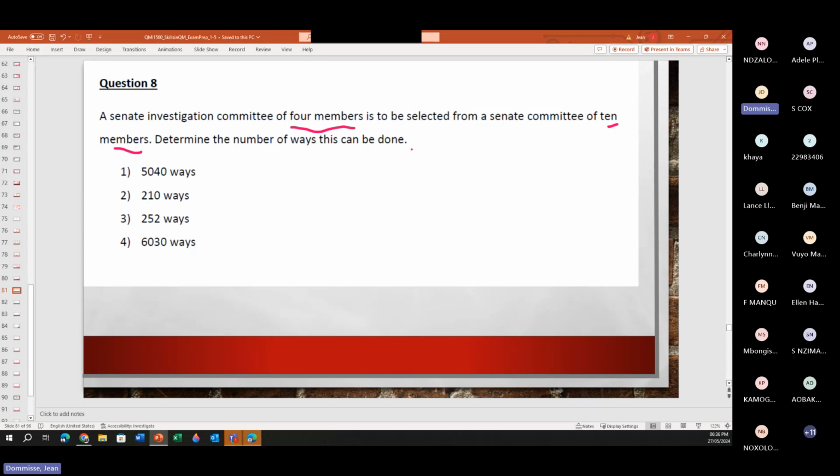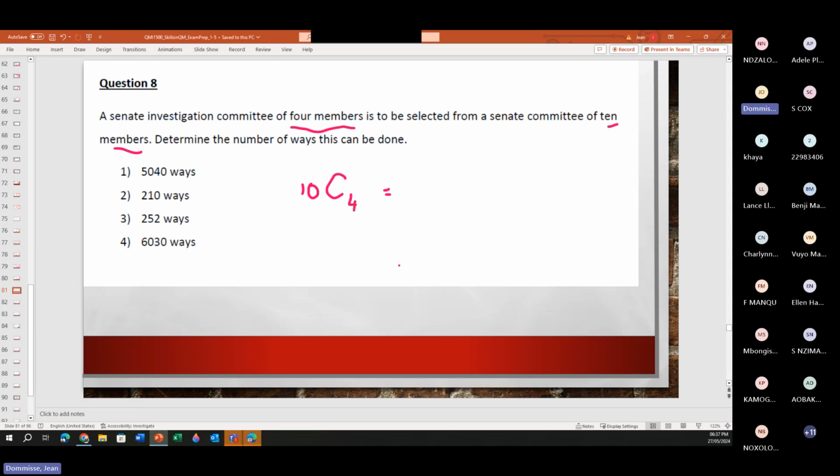Here it doesn't matter if selected 1, 2, 3, 4. We're just selecting 4 members, so there's no reason for order. So this would be a combination where out of 10, we are looking for a combination of 4.